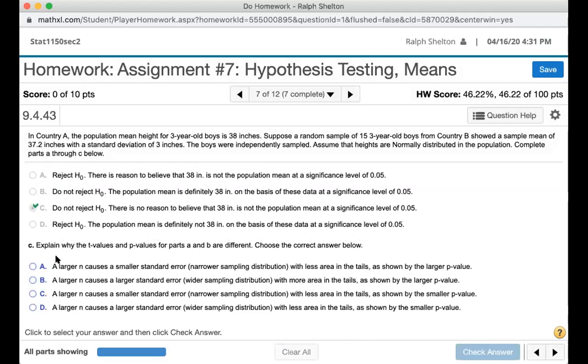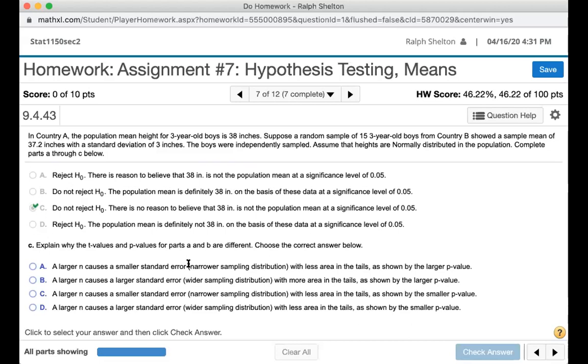Okay. A larger n causes a smaller standard error. Well, that's true. You get a better average so that the deviation between averages, if you went and got a lot of samples and measured the standard deviation between those averages, if your sample size is larger, the averages themselves are going to jump around a lot less, right?